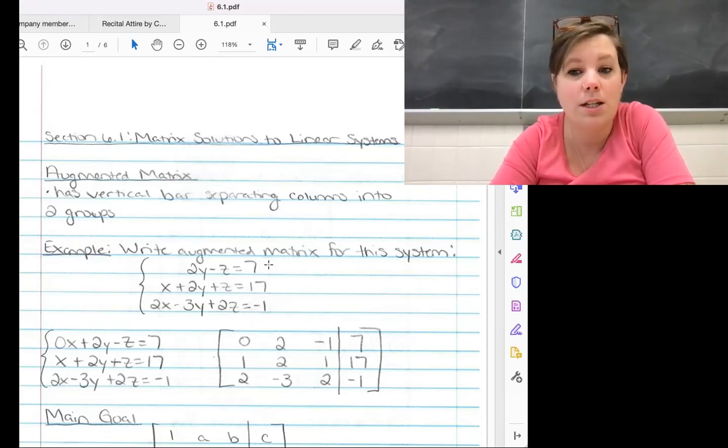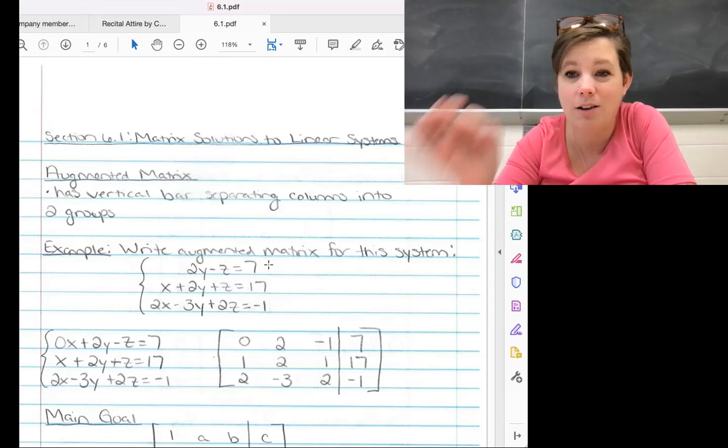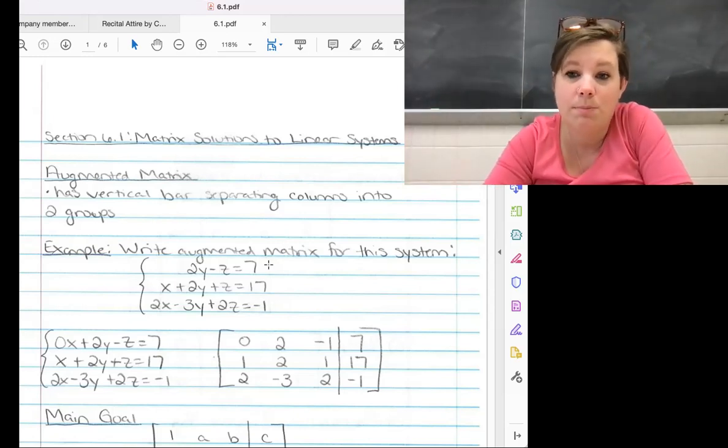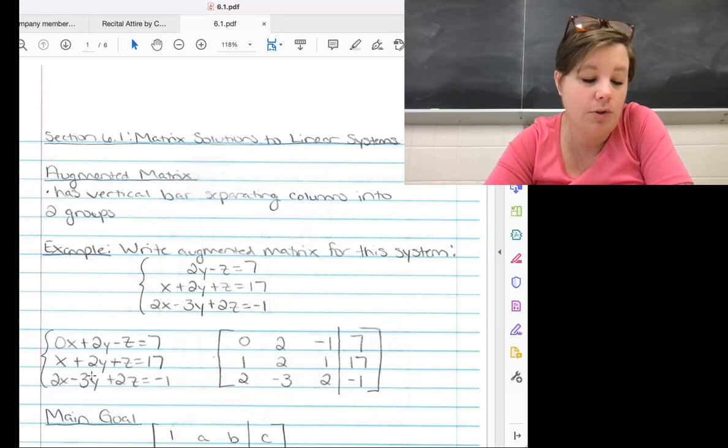The one thing you need to consider, though, is that just like with synthetic division or long division, where we had to put in a placeholder of 0, when we're doing matrices you also have to do that. So if you're missing one of your terms, you need to put in a 0 there. I write the system of equations again, and this time I put a 0x for that top equation. That way I have a 0 placeholder.